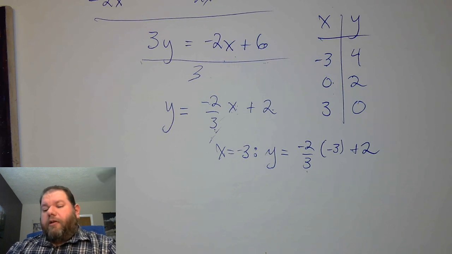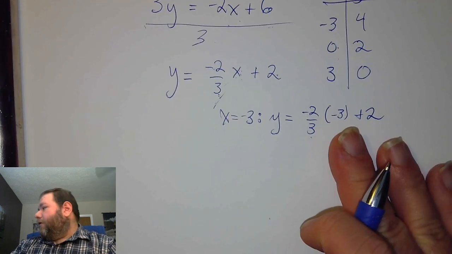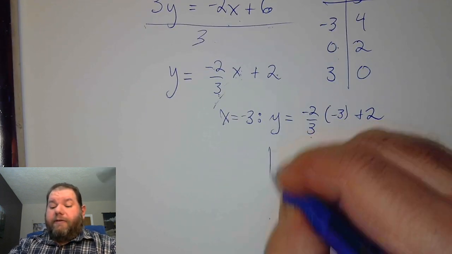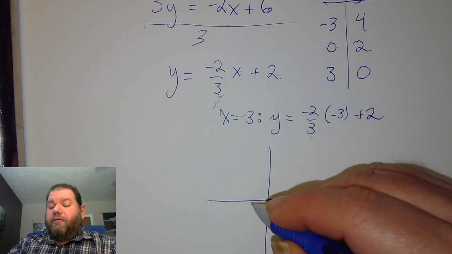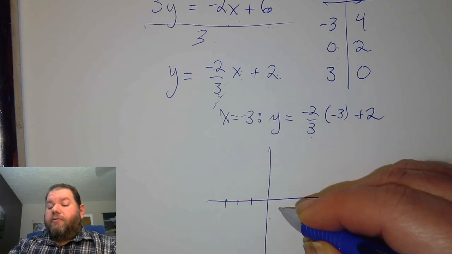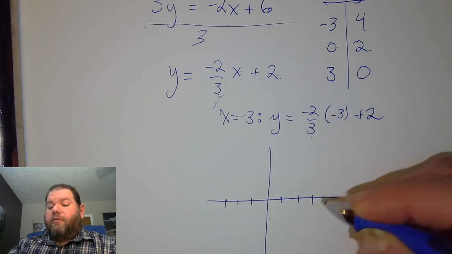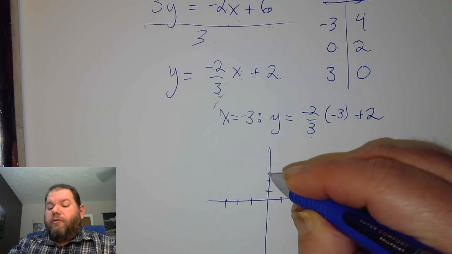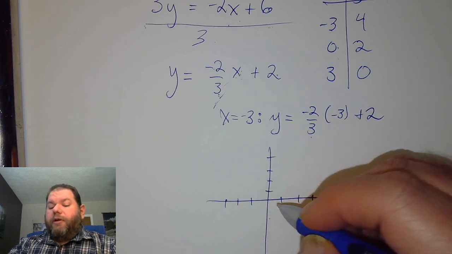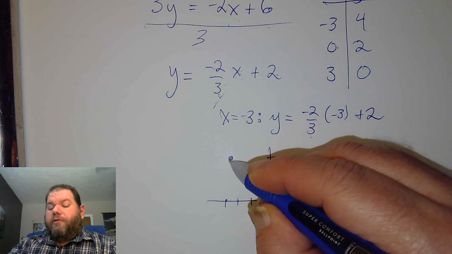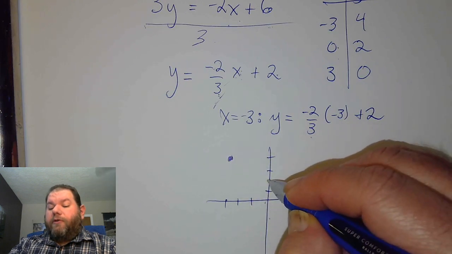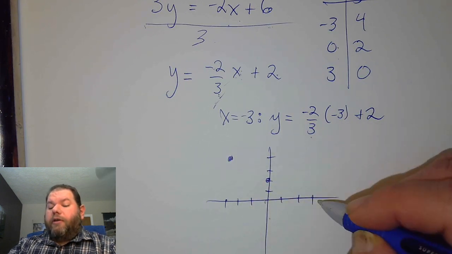Okay, so that gives us a set of 3 coordinates. We got -3, 4, 0, 2, and 3, 0.